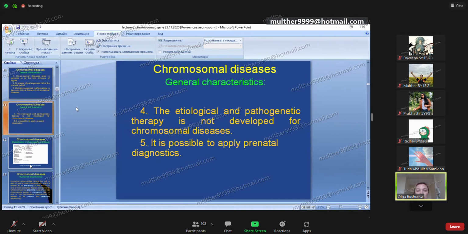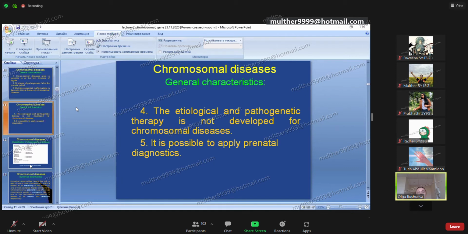And last one, it is possible to apply prenatal diagnostics, including non-invasive and invasive prenatal diagnostic methods. It's one of the basic approaches for the diagnostic of chromosomal diseases. We use the cytogenetic method.